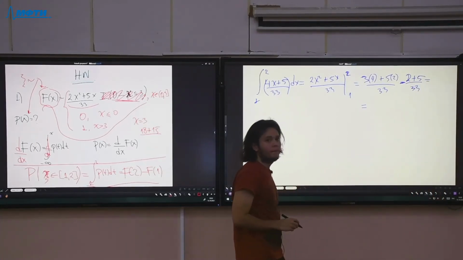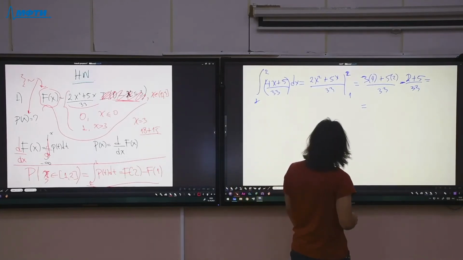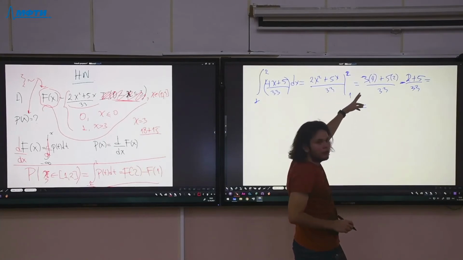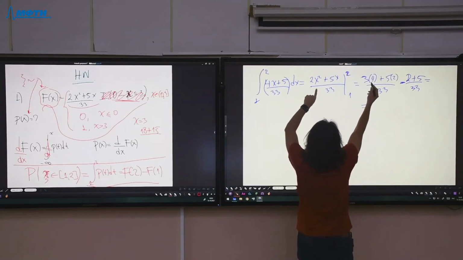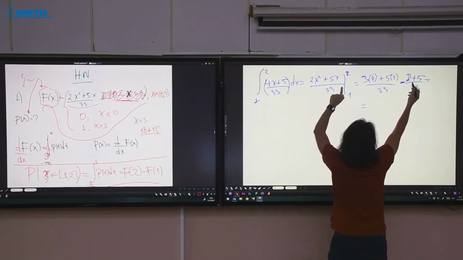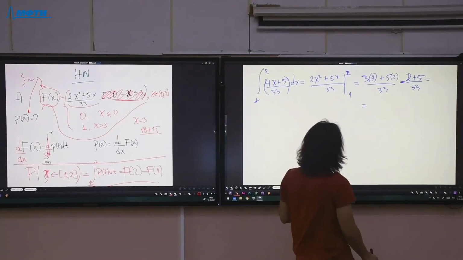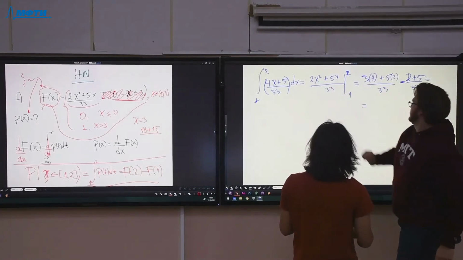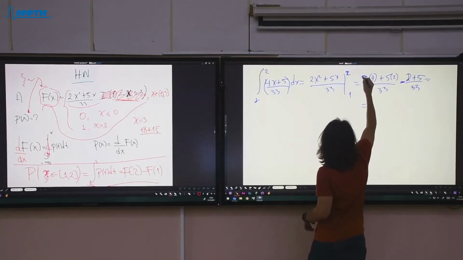First we have 2 squared, so 4, times 2 is 8.